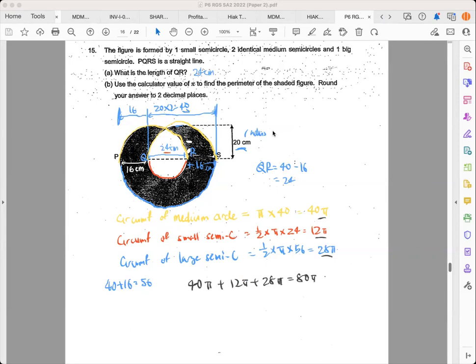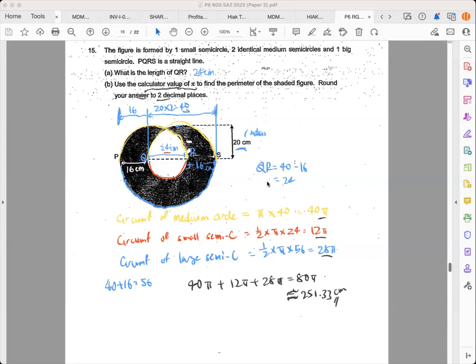And use the calculator value of pi to get an answer to 2 decimal places. So only at the very last step do you apply the calculator pi. And they want it to 2 decimal places, so 251.33 centimeter. Okay, so that's all.